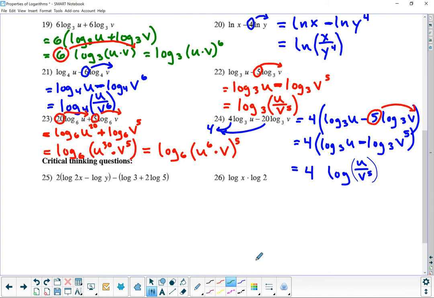And this tells me that I can take this 4, which is multiplied to the log, and bring it to the back of that argument as a power. So at the end of the day, I will end up with log. Oh, lost my base 3 somewhere right there. Log base 3 of u over v to the 5th power, and then to the 4th power.